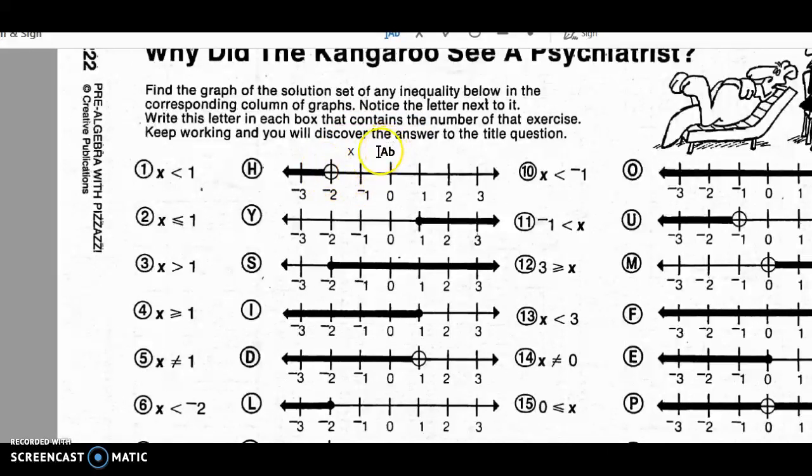We have an open dot here on -2. So I'm going to put -2 here. And then what we have to draw is a symbol to say whether it's greater than or less than, right? So this one is going left. So if this is x right here, and it's going to the left, that means x is less than -2.